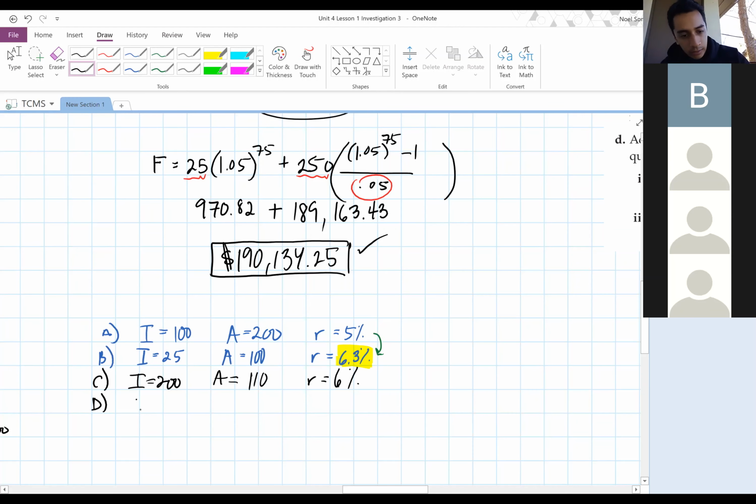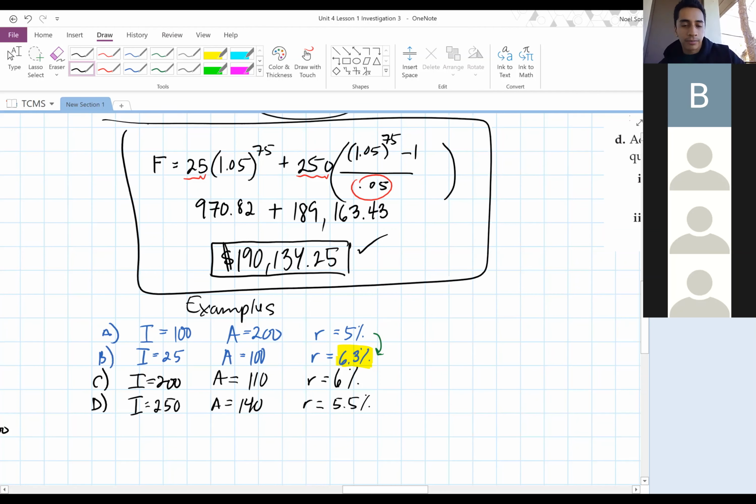And then the last option was an initial of 250 with a recurring of 140 and an interest rate of 5.5, right? So a slight increase in the rate, a larger initial, and then a $40 increase in your recurring. Okay, so these are just examples. This doesn't mean that these are the only right ones, because clearly we found one that worked.